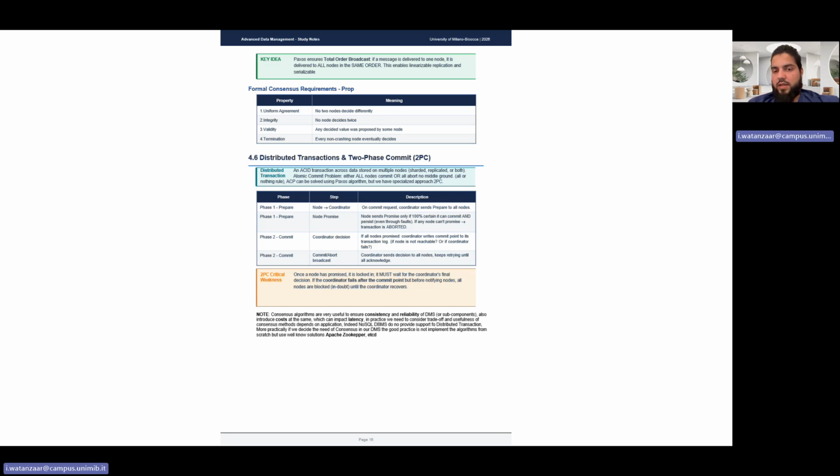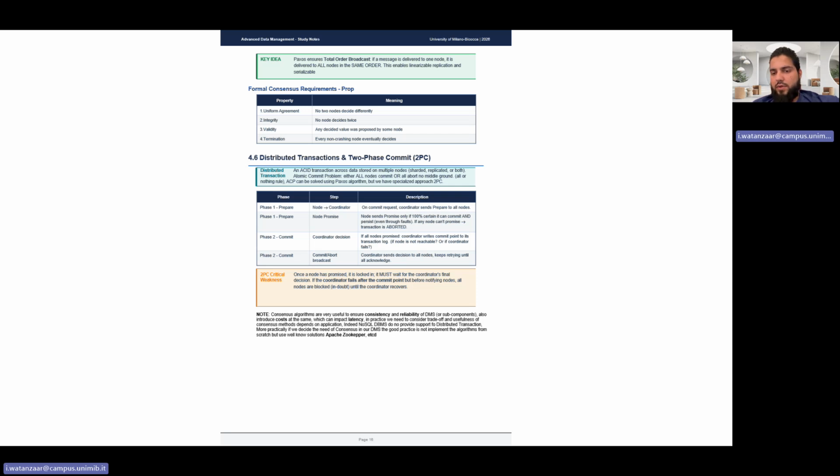The usefulness of a consensus method depends on the application. They are really good for consistency and reliability in all components of a DMS, but they have a cost also. The cost is latency, which means a bad user experience. So we need to decide the usefulness according to the application.